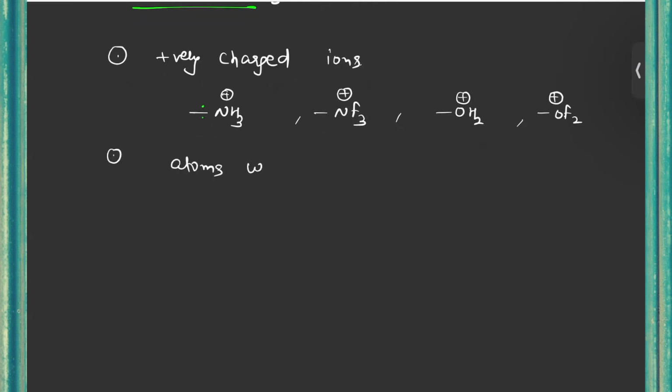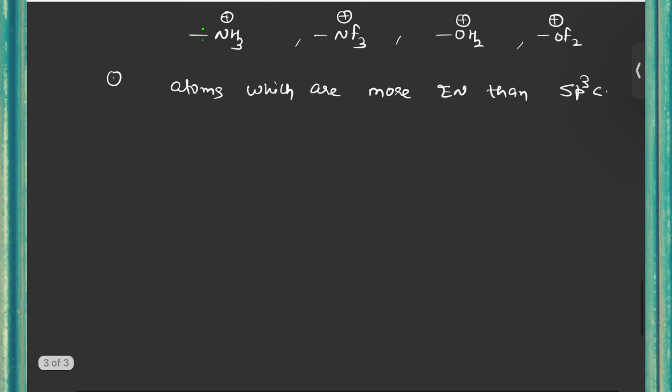Second thing, atoms which are more electronegative than sp3 carbon, right? Nitrogen is more electronegative, fluorine is more electronegative, and all the halogens have a minus I effect only.